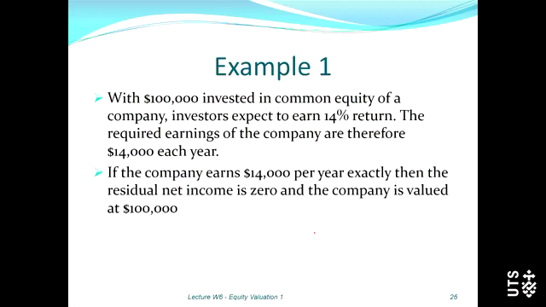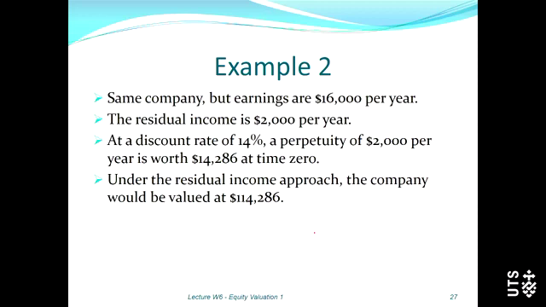Right? So that's the first example. So using residual income, value of equity will be the same as the book value of equity. Same company now starts earning 16,000 per year instead of 14. That means that residual income is $2,000 per year.